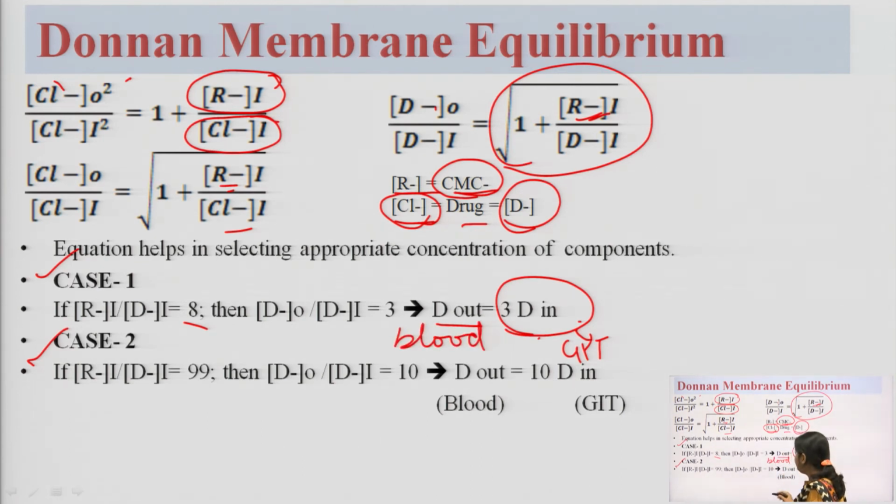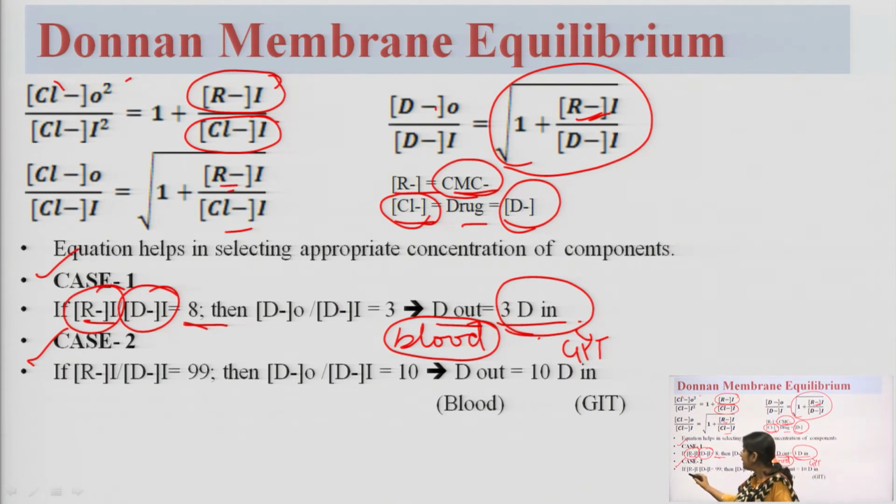So if the concentration ratio of the non-diffusible anionic polyelectrolyte divided by the concentration of your anionic drug is equal to 8, then there is only a 3 times increase in the concentration of drug in the blood.